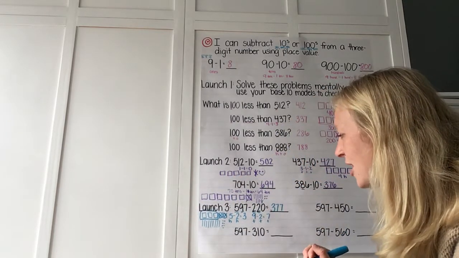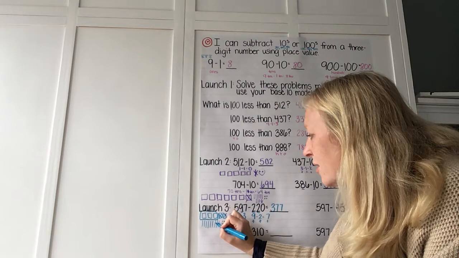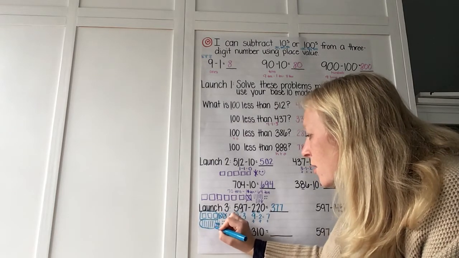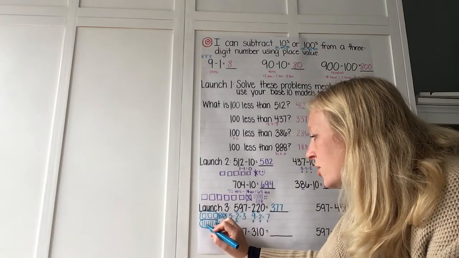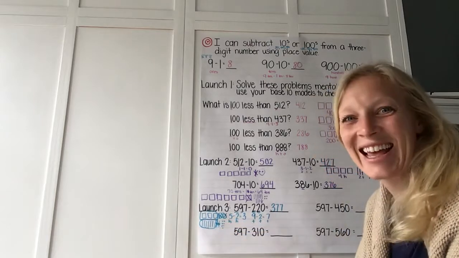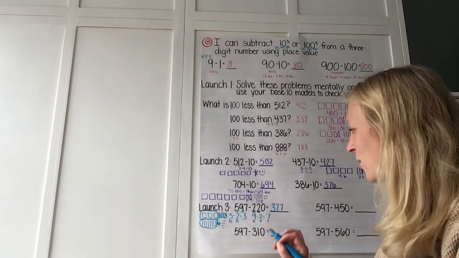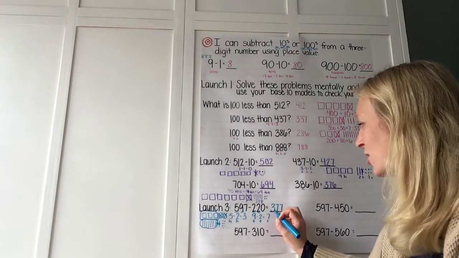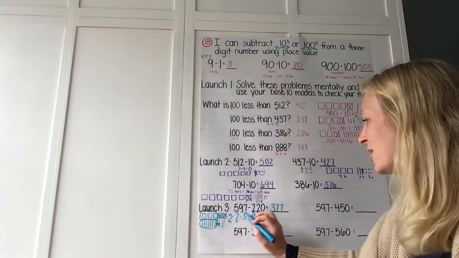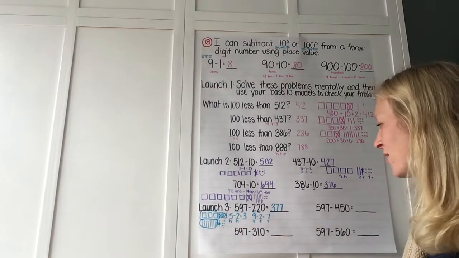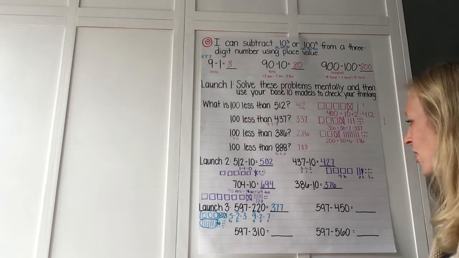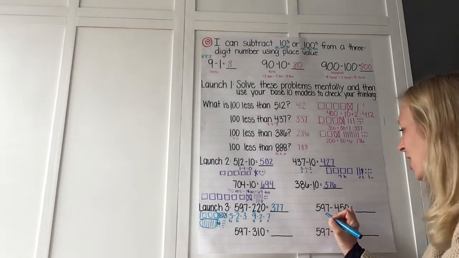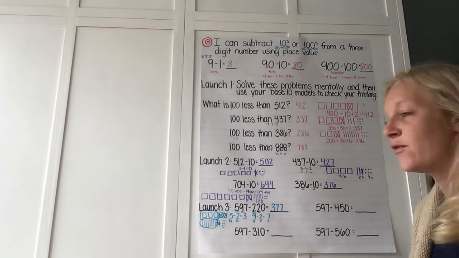What about your tens? 10, 20. What do you have left over? 1, 2, 3, 4, 5, 6, 7 tens. And then we have our 0 ones. So we still have 300s, 7 tens, and 7 ones. All right. What if we have 597 again, and now we're taking away 450?